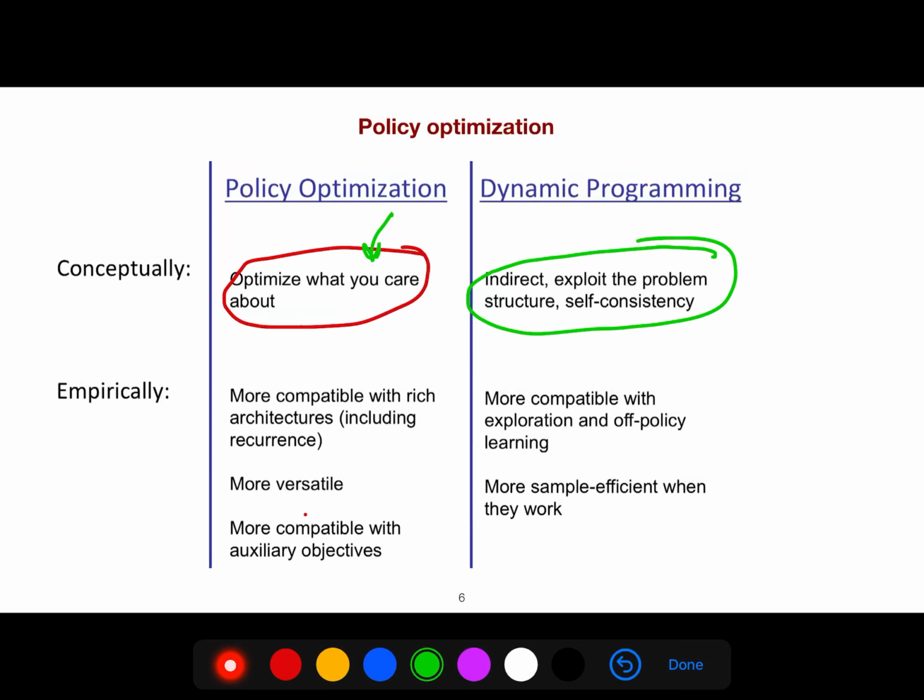Empirically, policy optimization is more versatile and more compatible with rich architectures. On the other hand, dynamic programming is more sample efficient when it works, and more compatible with exploration and off-policy learning.